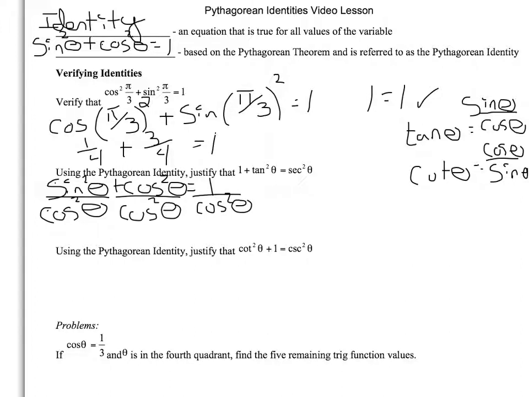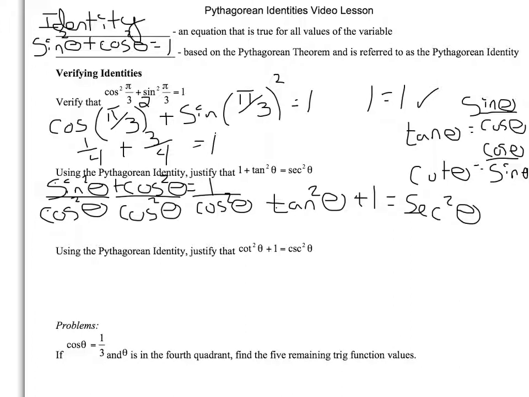Now when I take sine divided by cos, I know sine divided by cos is equivalent to tangent. So sine squared divided by cos squared is equal to tangent squared. Cos squared divided by cos squared, well, anything divided by itself is 1. So plus 1 equals 1 divided by cos squared. 1 over cos squared is equivalent to secant squared.